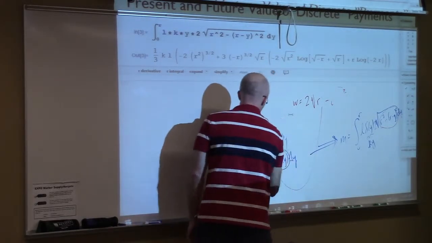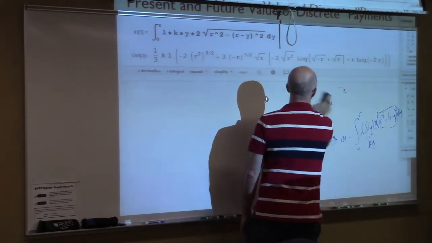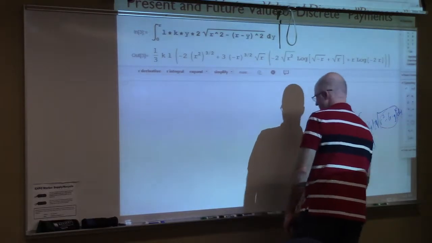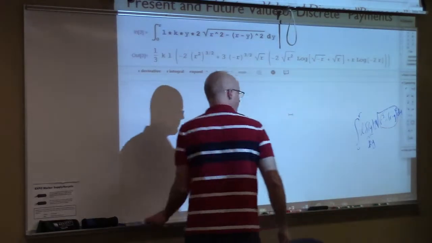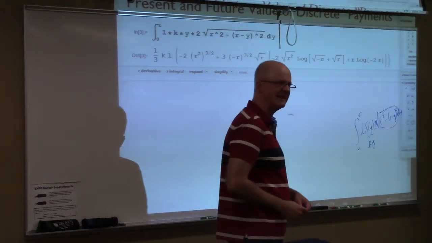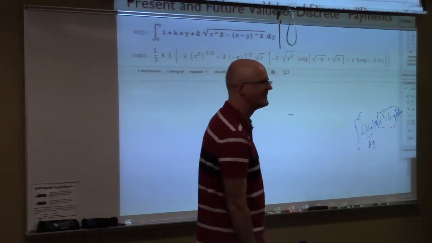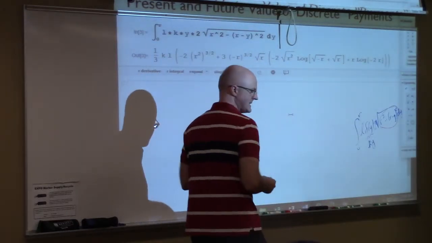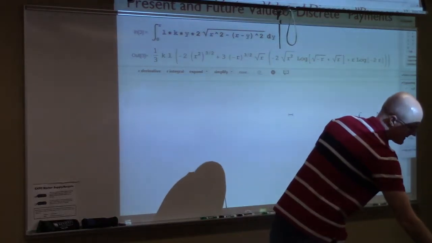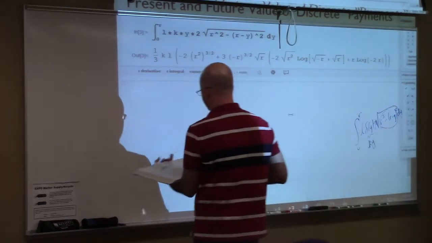I'm going to try to figure out, if the book really wanted you to do it as if the density was proportional to the distance from the bottom, do you get the answer in the back of the book? But again, that doesn't make much physical sense. So let me make up an example like number 13.